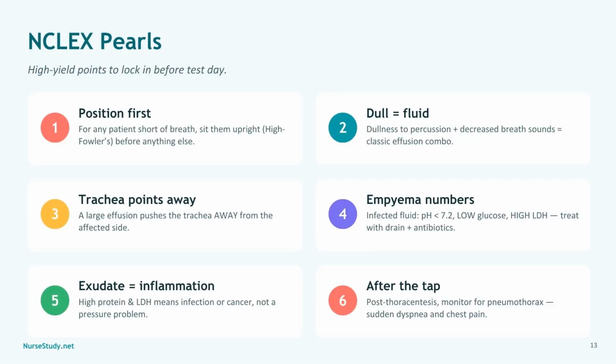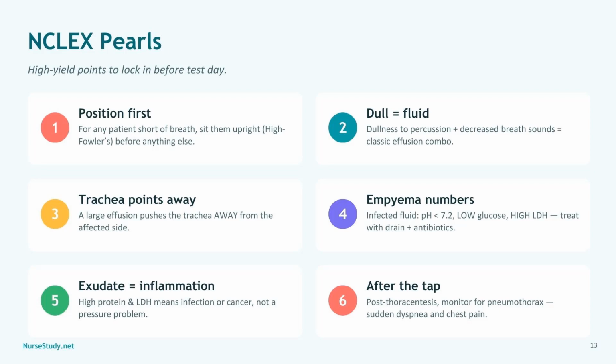NCLEX Pearls. Let's lock in the high yield points before test day. Number 1, position first. Any patient who's short of breath, sit them upright before you do anything else. Number 2, dull equals fluid. Dullness to percussion plus decreased breath sounds is your classic effusion combo. Number 3, the trachea points away from a large effusion.